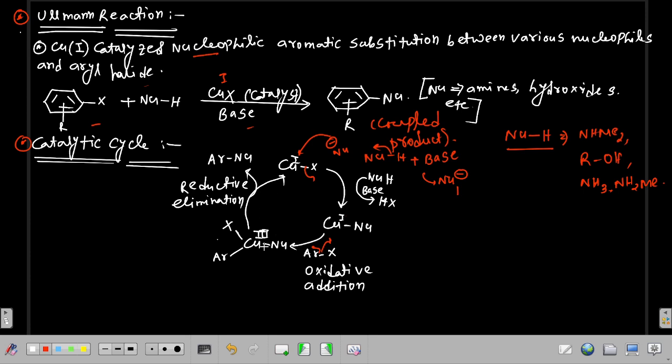After this, it will undergo reductive elimination, that is, this and this will couple and be removed from the system. Due to the reductive elimination, the oxidation state of the copper will reduce from +3 to +1. So this way the catalytic cycle goes on and on.